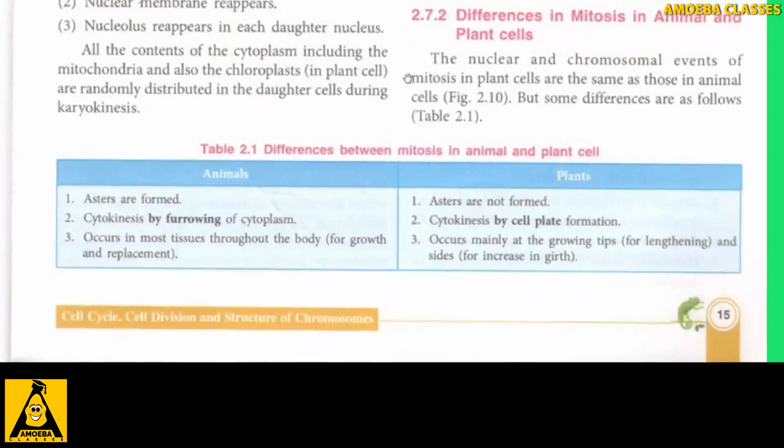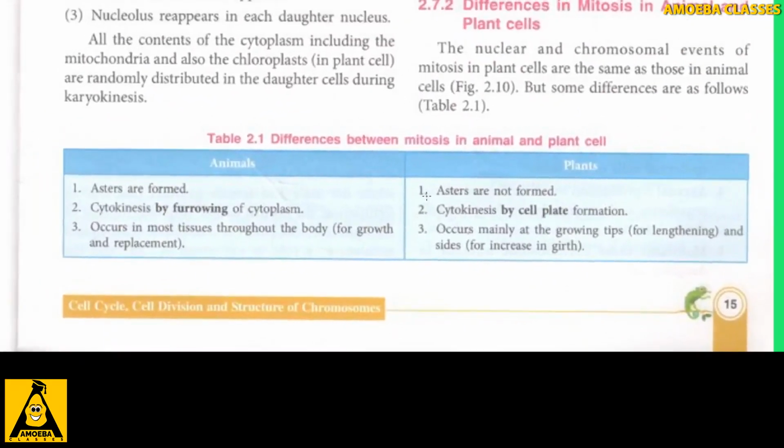Let's discuss the differences written here, and we will be switching to the Sarita Agarwal book also for the differences. They have explained very properly along with proper diagrams. In animals, asters are there, and because the centriole is absent in plants, asters will not be formed. Cytokinesis happens by furrow formation in animals, and in plants by cell plate formation.